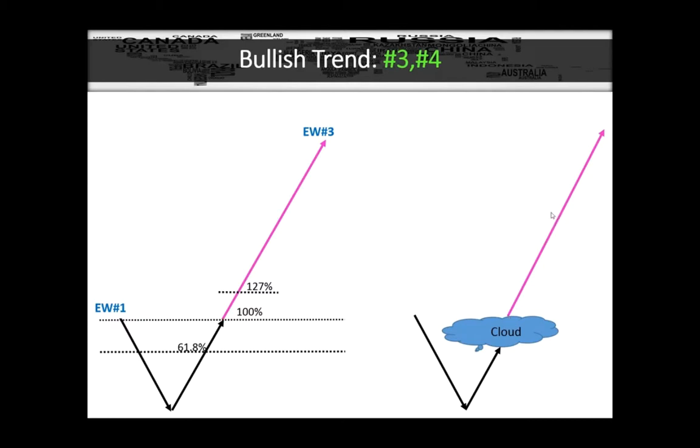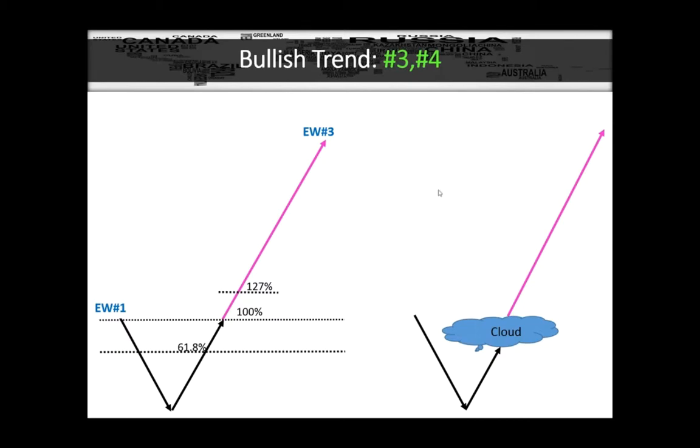So believe it or not, whether you're Elliott wave, Fibonacci, or Ichimoku, you're actually trading the same wave pattern, just different ways of doing it, which is the big institutional wave going up. Does everyone see that? Yes?